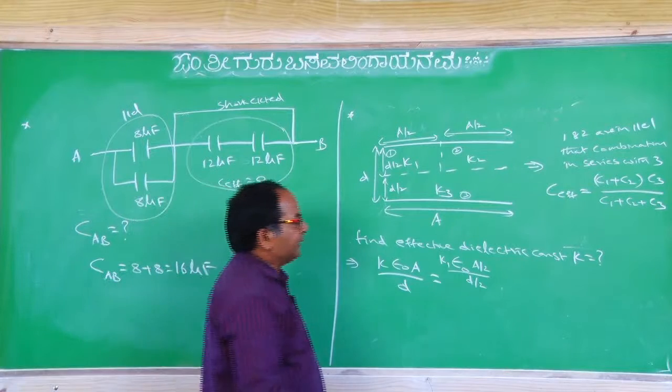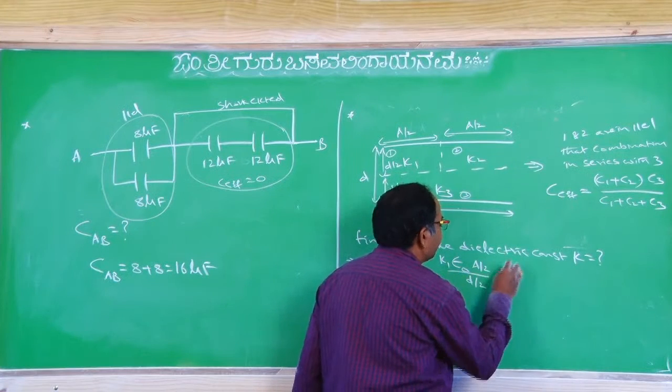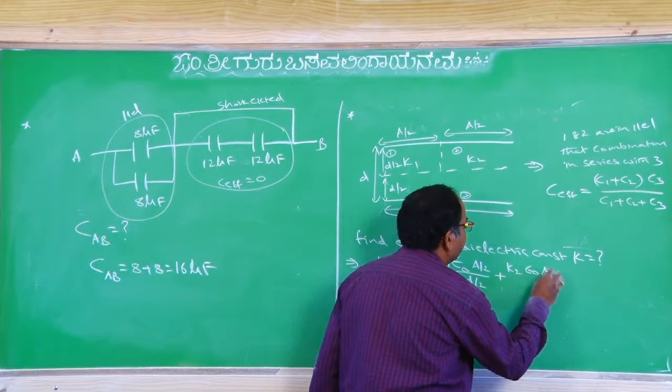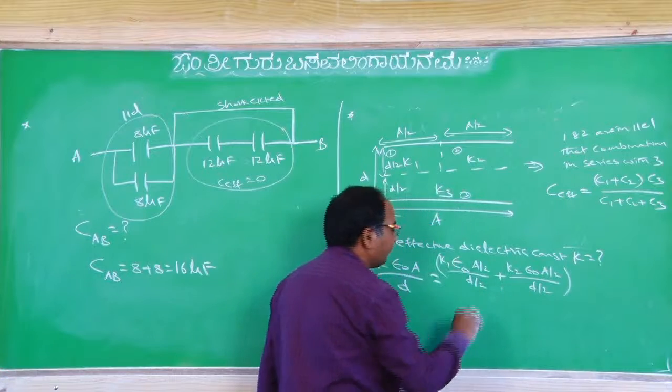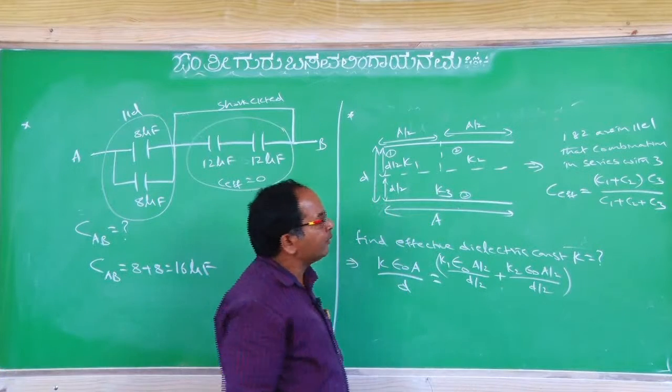Next, plus C2. So K2, that is also the same: epsilon naught A by 2 by D by 2. Into C3.